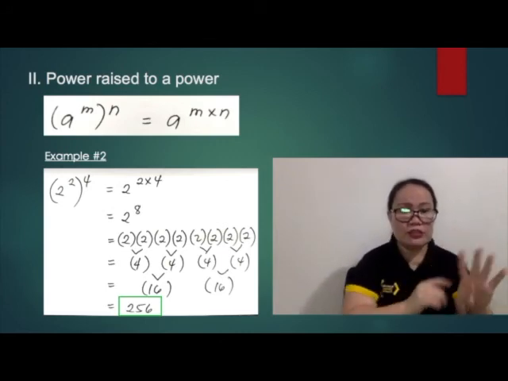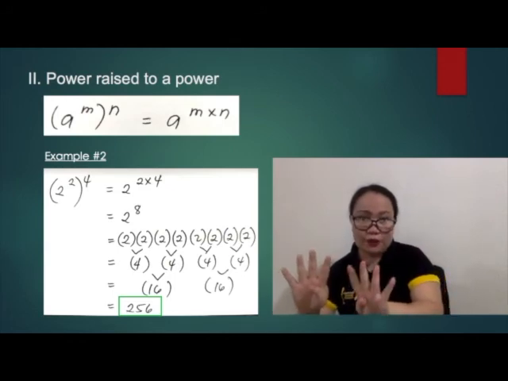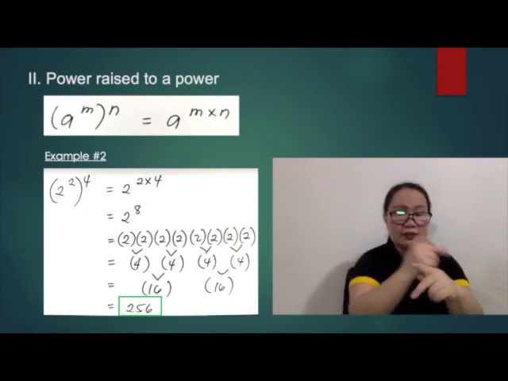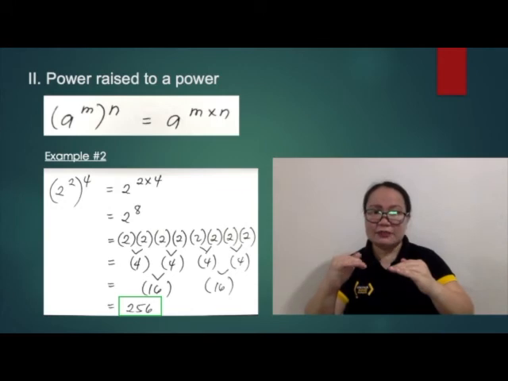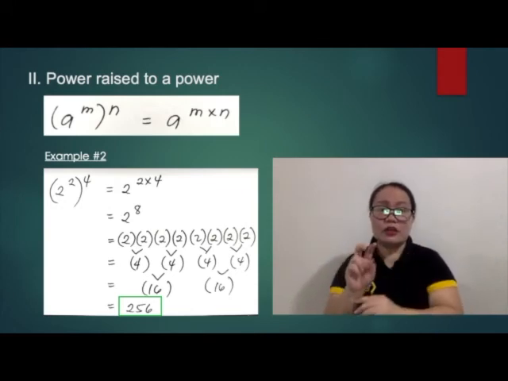Then multiply 4 times 4 equals 16, and the other 4 times 4 equals 16. The final step is 16 times 16 equals 256. That is the final answer, 256.